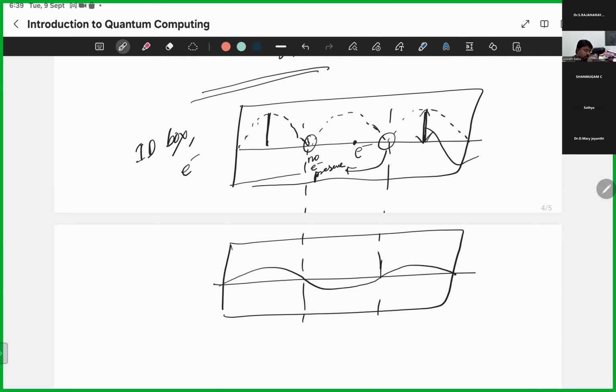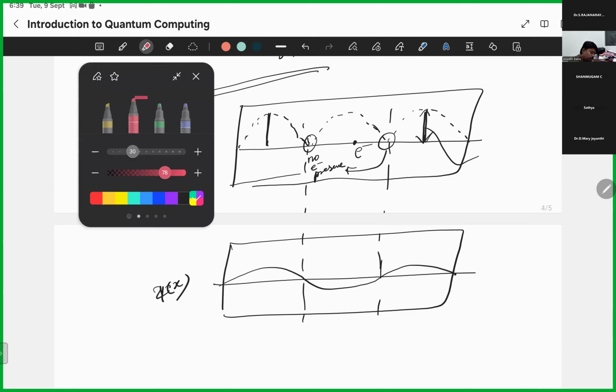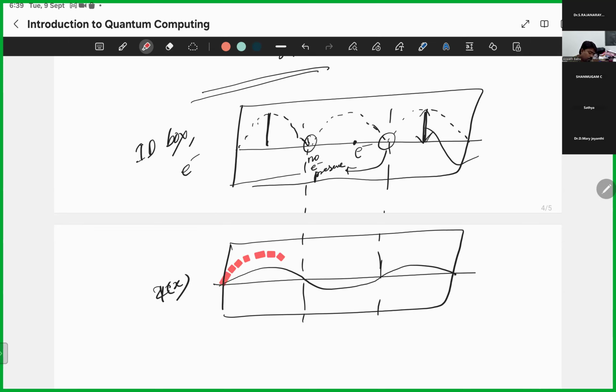If this is a wave, psi of x, and if you take the absolute square of psi of x, let me draw it with a separate color. So this would be psi of x absolute square. This is exactly the same as what we saw here.